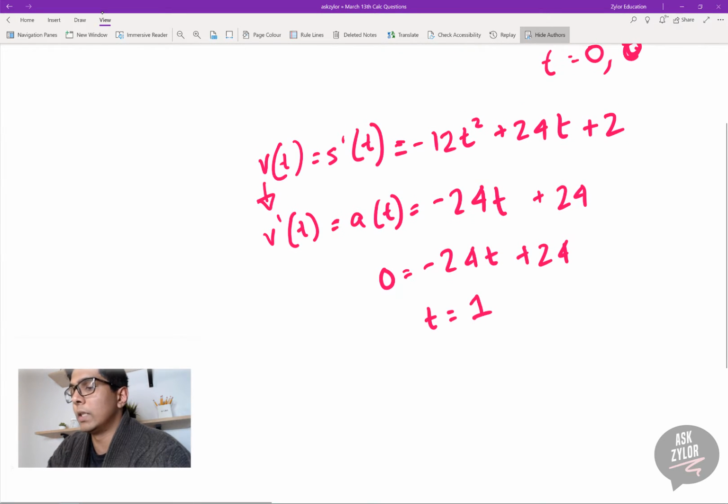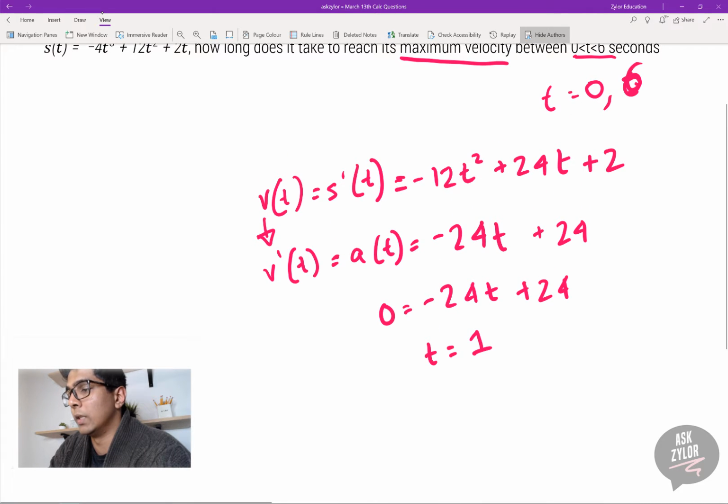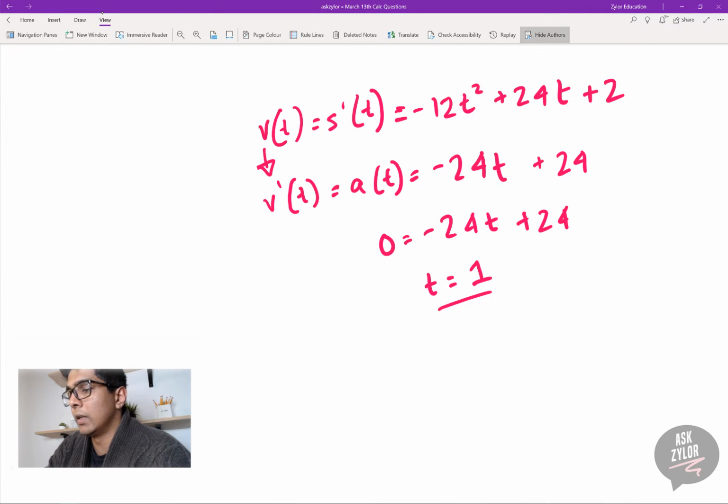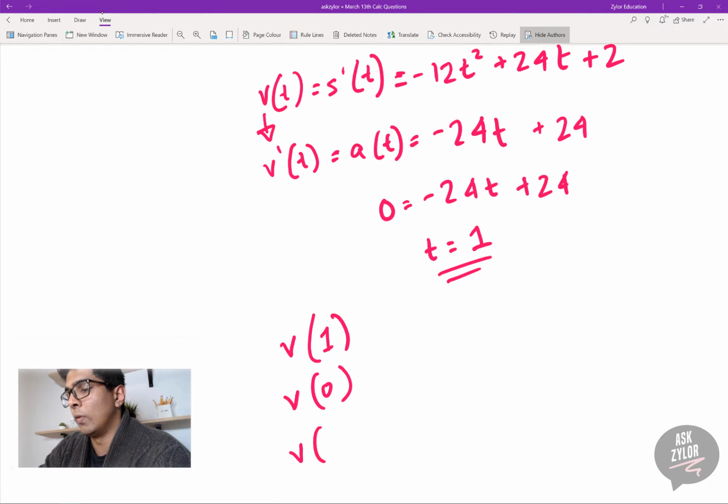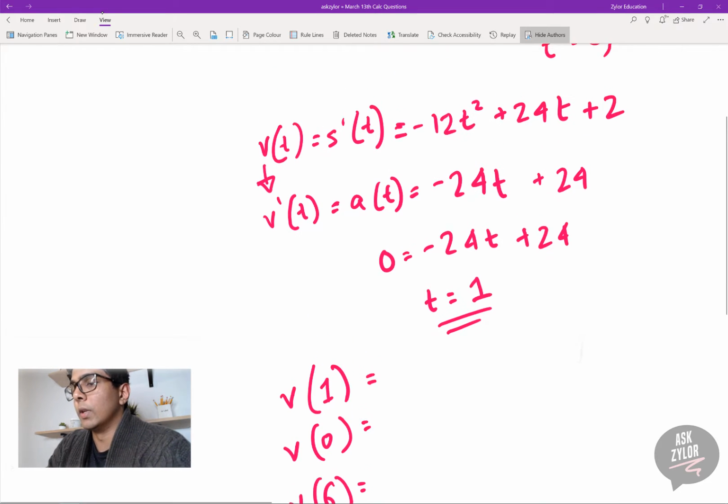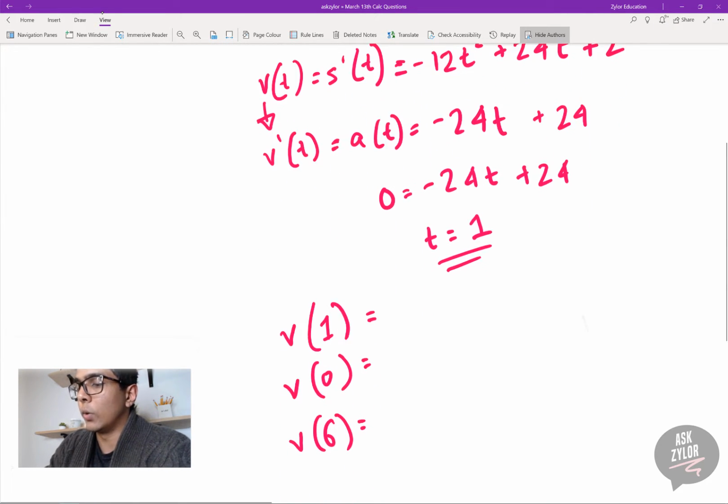Right. So I have to test my two endpoints, which is t is equal to 0 and t is equal to 6, and what I found through my derivative. So I have to find v at 1, v at 0, and v at 6. So I'm going to write down my velocity equation again.